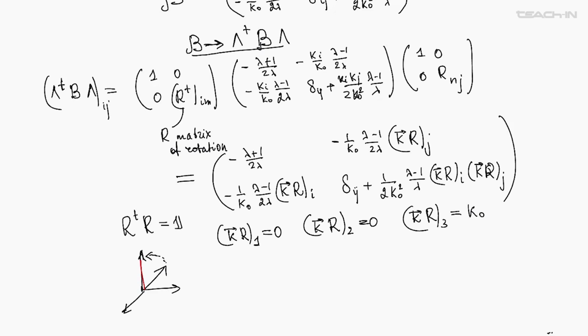By means of rotation, you can always put it to sit on one of the coordinate axes. So let's say this will be our vector k. Our vector k is here. And now by means of rotation, I put it along the third axis. So this is kR.